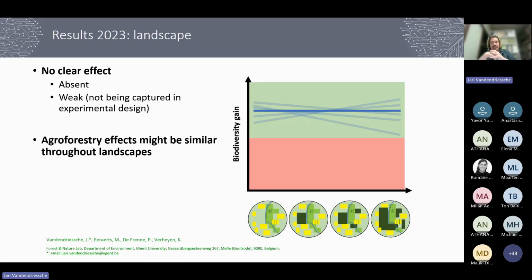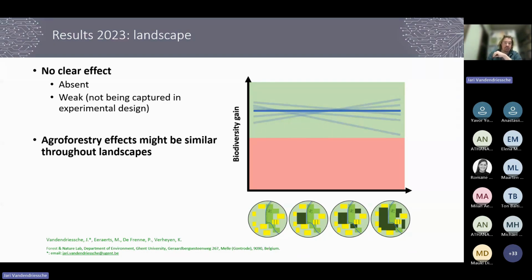What happens in terms of landscapes was quite remarkable: we didn't find any clear effect. So there is either no effect of landscape context on the gains gathered by implementation of agroforestry, or it's quite weak and not captured in the experimental design we applied.